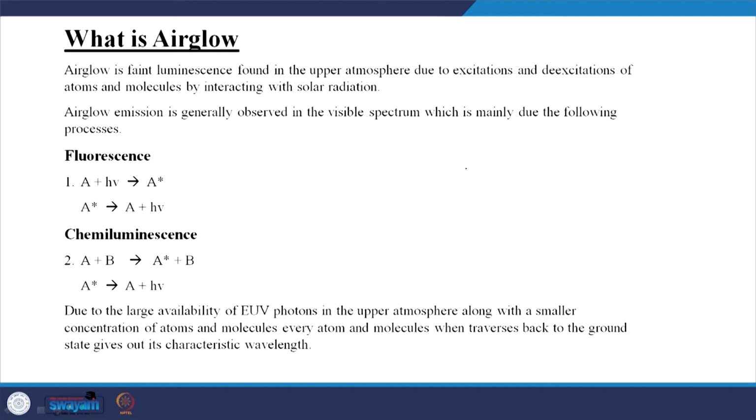Due to the large availability of extreme ultraviolet radiation photons in the upper atmosphere, along with the smaller concentration of atoms, each atom or molecule, when it travels back to the ground state, gives out its characteristic wavelength. This wavelength is a characteristic of the electronic excited states that are available for that particular atom.